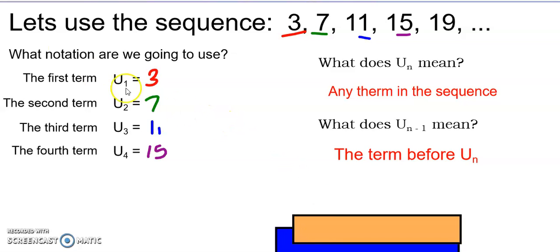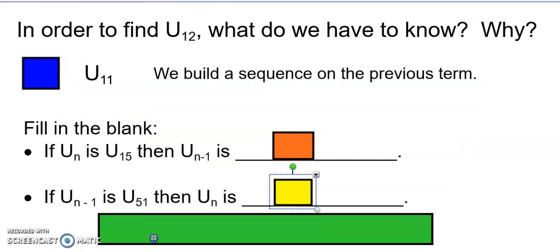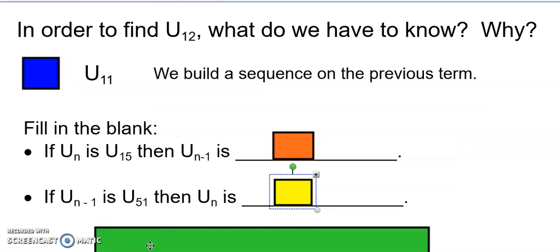So this is how we're going to use the pattern to build recursively, or build one number from the one before it. In order to find u sub 12, we have to know u sub 11, the number before it. The reason is the definition of a recursive sequence: we build a sequence on the previous term. So if we don't have the previous term, we can't build the sequence.